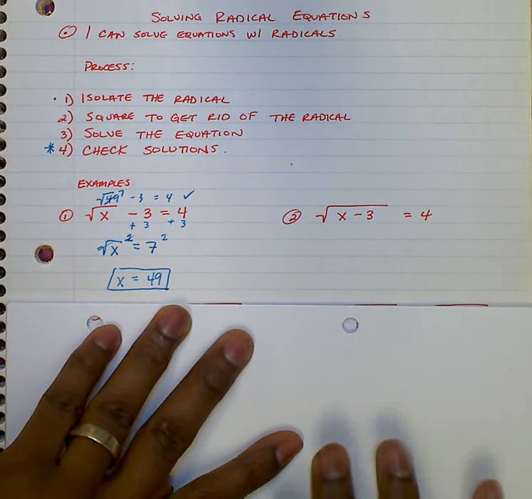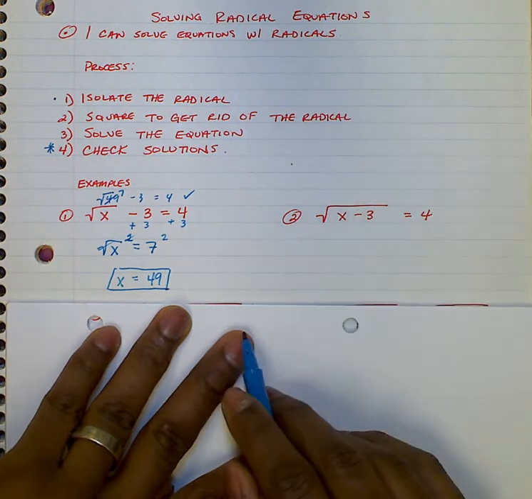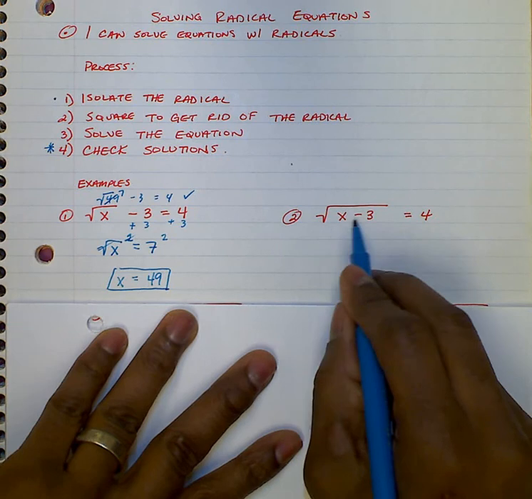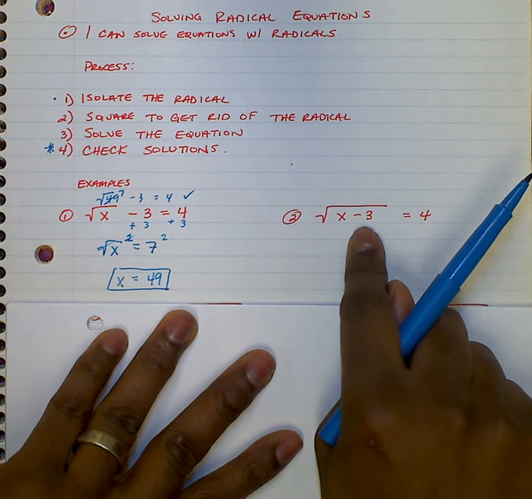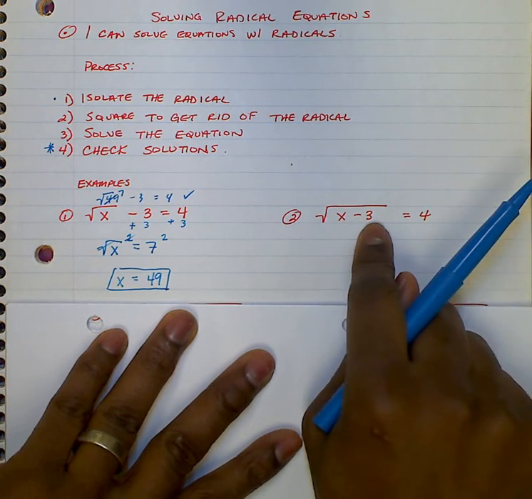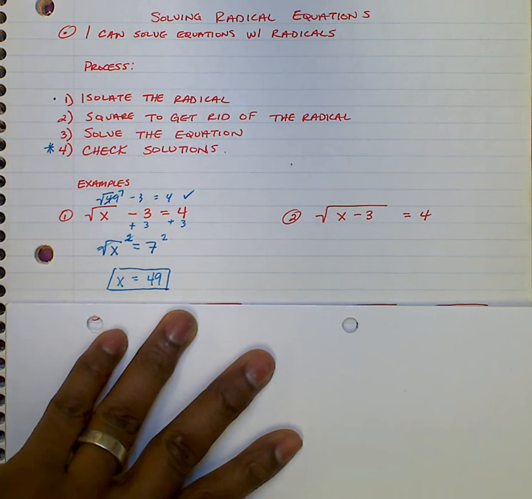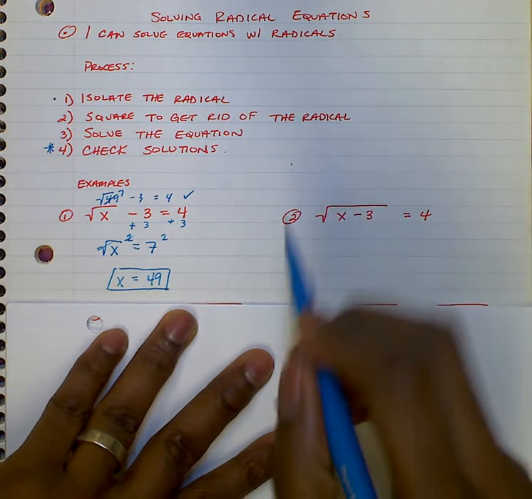Number 2, we have radical x minus 3 equals 4. We need to isolate the radical. For this problem, our radical is already isolated. There's nothing else on this side outside of the radical. And so now we need to get rid of the radical by squaring it.